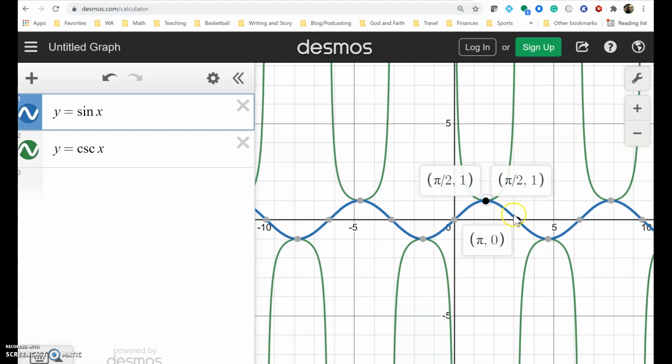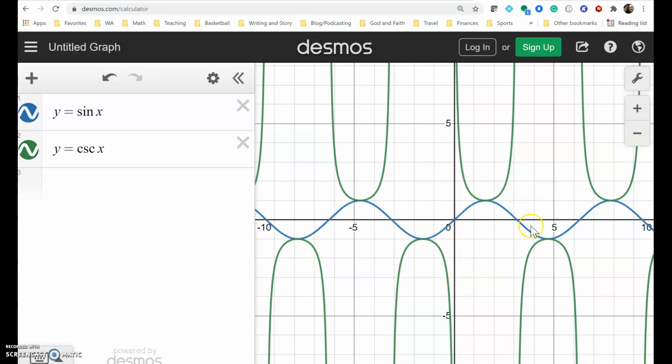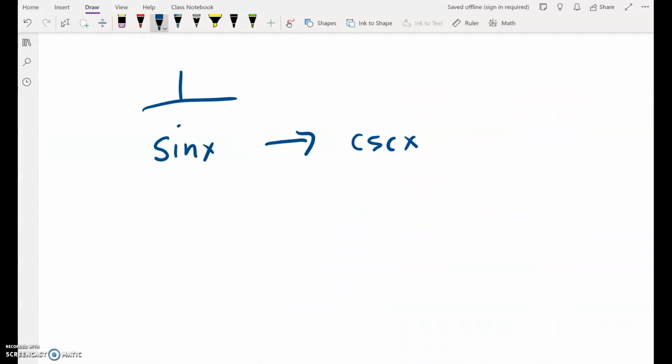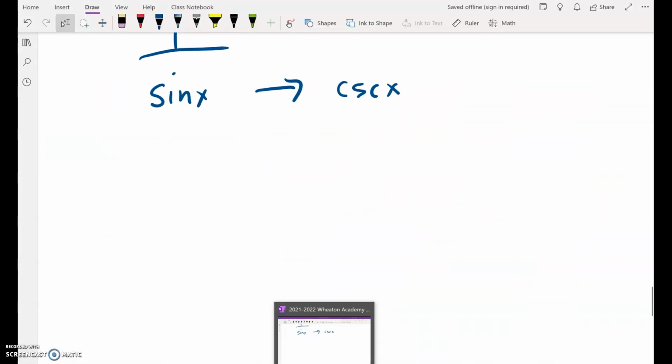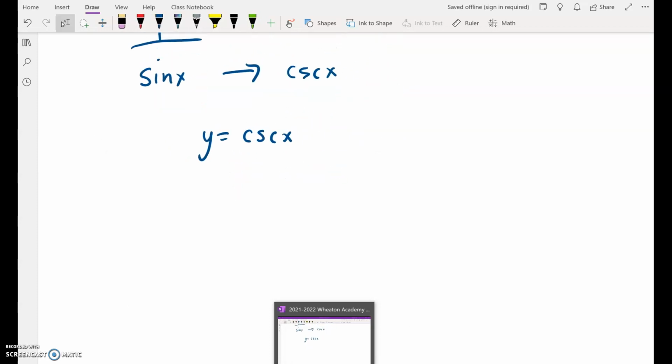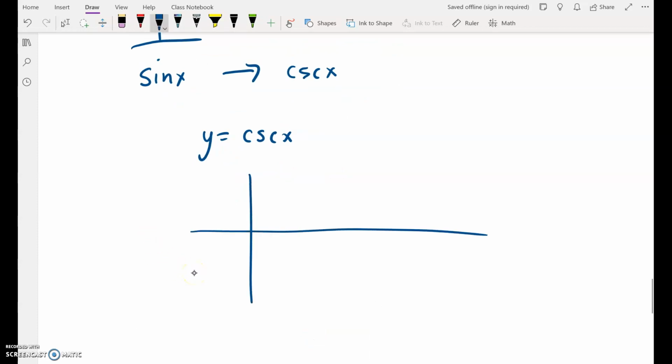Okay, so when you're graphing cosecant, if you can graph a sine wave, then you know that it's going to touch the tops of the maxes and mins, and it's going to have an asymptote at the zeros. So if I told you to graph this by hand, this is how I would do it. I would graph a sine wave.